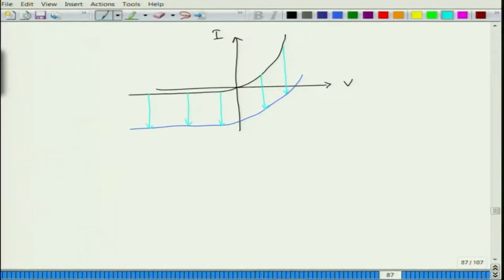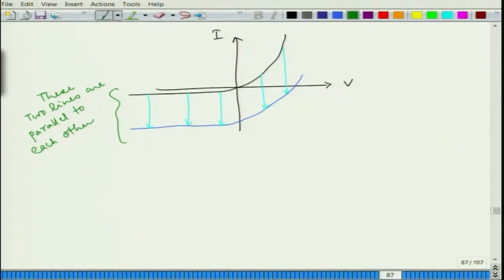So, these two lines are parallel to each other. Why?